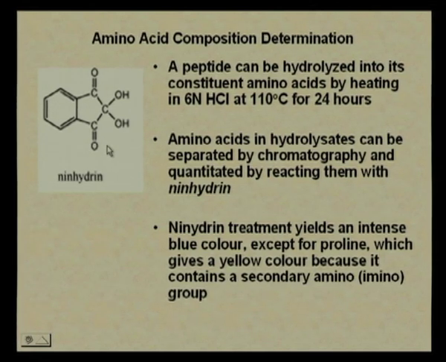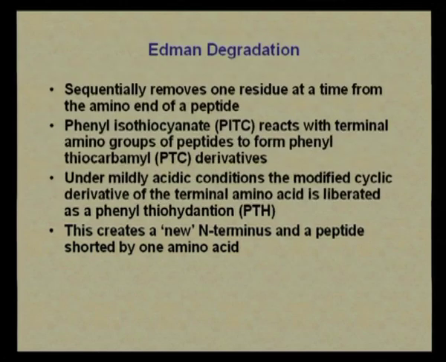Okay? So, basically you have done dye formation in your organic chemistry laboratories. So, this basically forms an intense blue dye, and you can quantitate this dye into how many of each amino acid type you have. Okay. But how does that help us? That does not help us with the sequence. Okay? It just tells you how many of each you have, but we want to know the sequence.